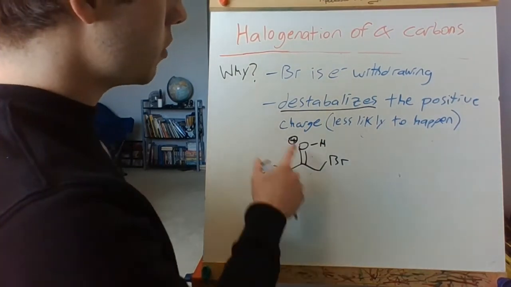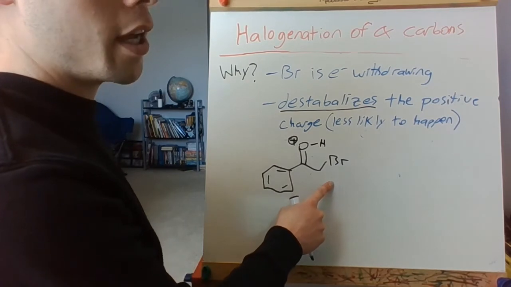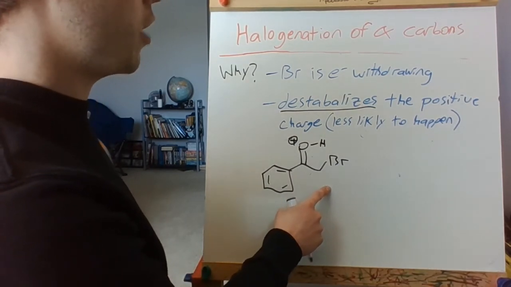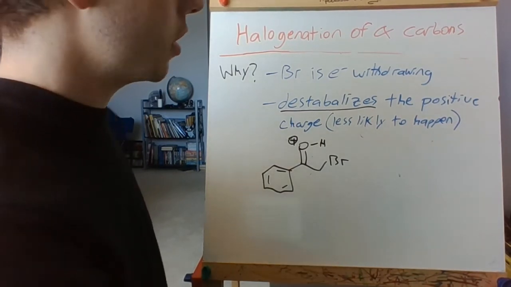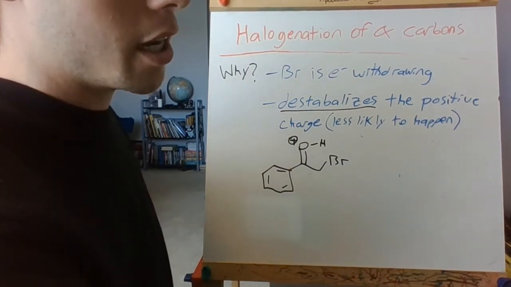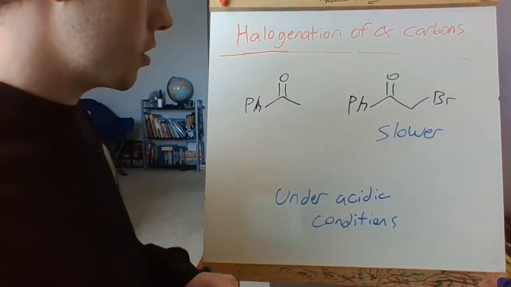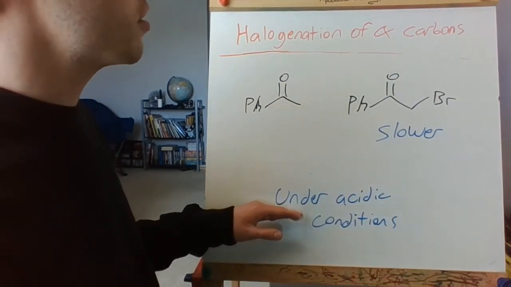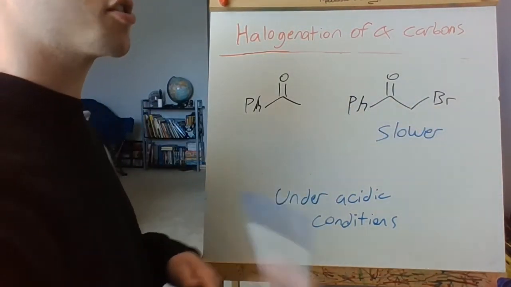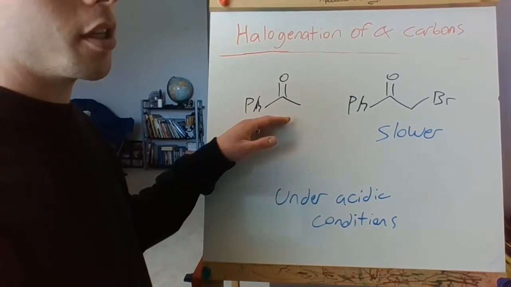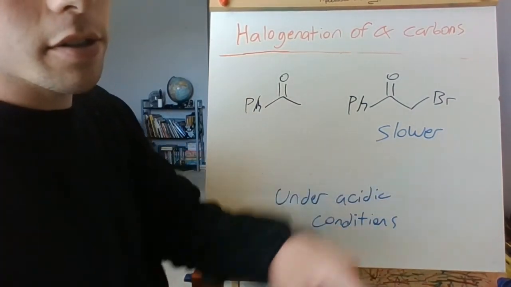Since the bromine is pulling electrons away, this is destabilizing, whereas in the case of basic conditions, the halogen is able to stabilize the negative charge. So, opposite of basic conditions, under acidic conditions, if we already have a halogen on the alpha carbon, it is going to react slower than if we don't. In this case, this will react faster than this.